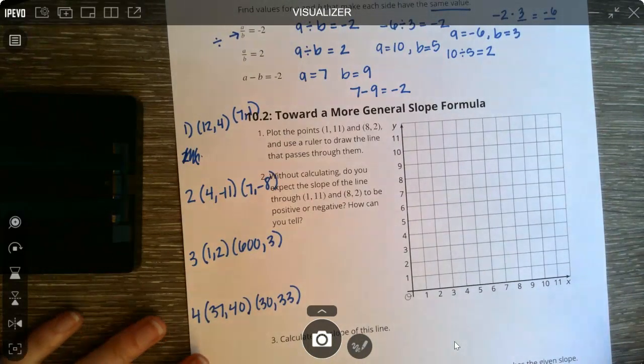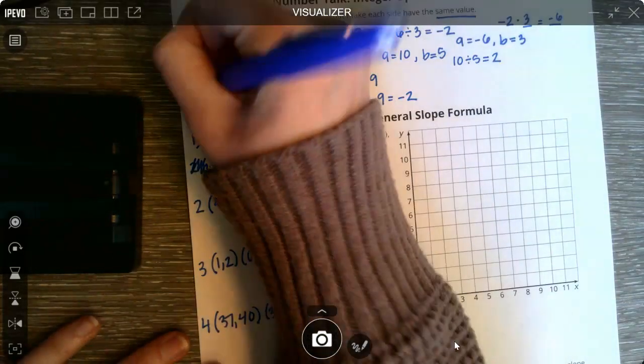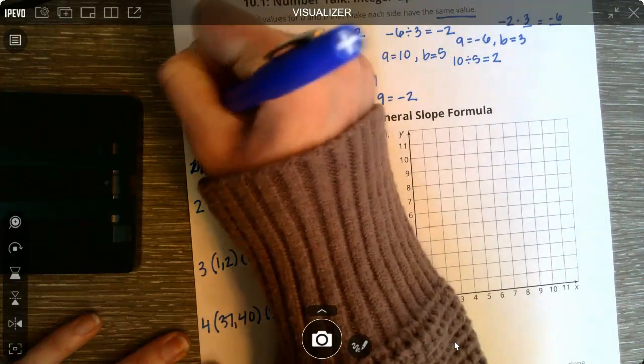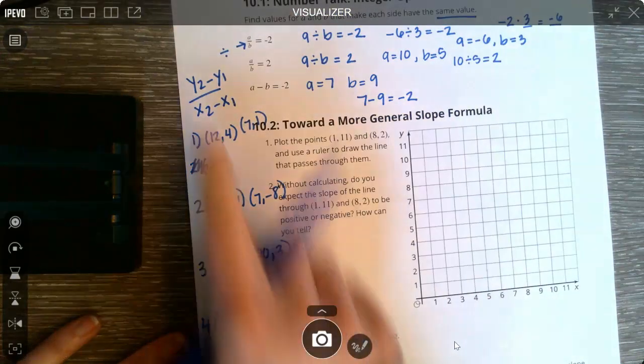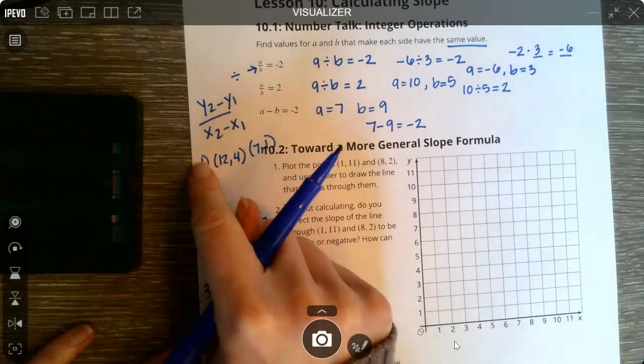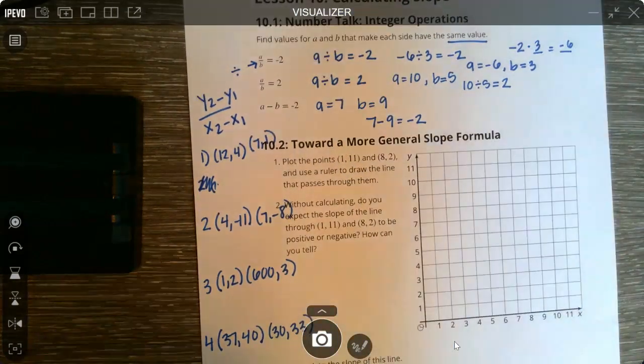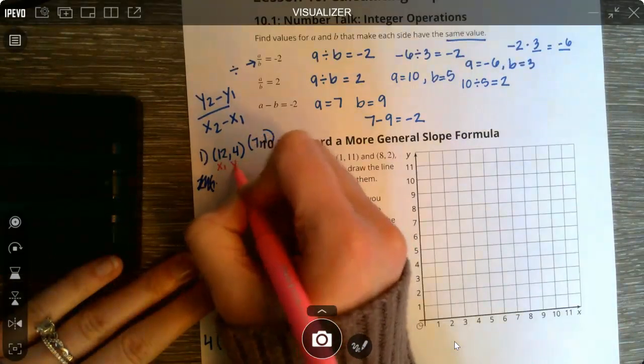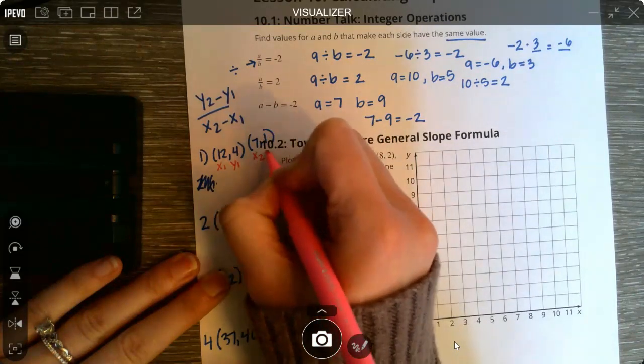But now I need to figure out, well, what do I do? Well, your formula is change in y over change in x, right? So I've got y2 minus y1, x2 minus x1. So now what I need to do is I need to make sure that I label those points. This is x1, this is y1, this is x2, y2.